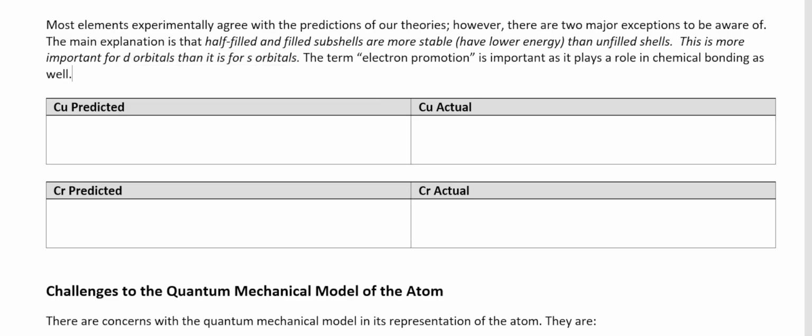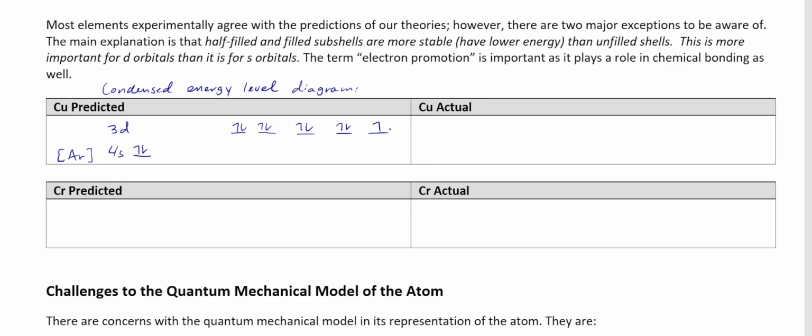So if we look at copper, this is going to be a condensed energy level diagram. Copper has the inner electrons of argon, and then it has 4s with 2 electrons, 3d, 5 orbitals there, and then this electron configuration.